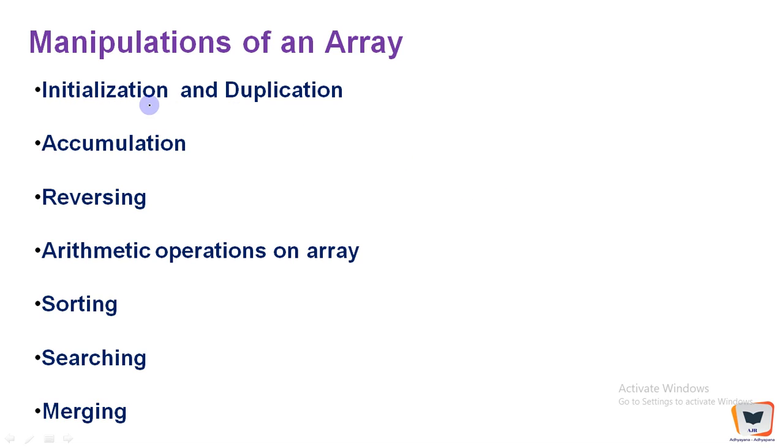Here, initialization and duplication is the first kind of primitive manipulation that could be done. Accumulation of elements into a common variable, reversing of an array, arithmetic operations or algebraic operations on an array, sorting array elements, searching in an array, merging two arrays.